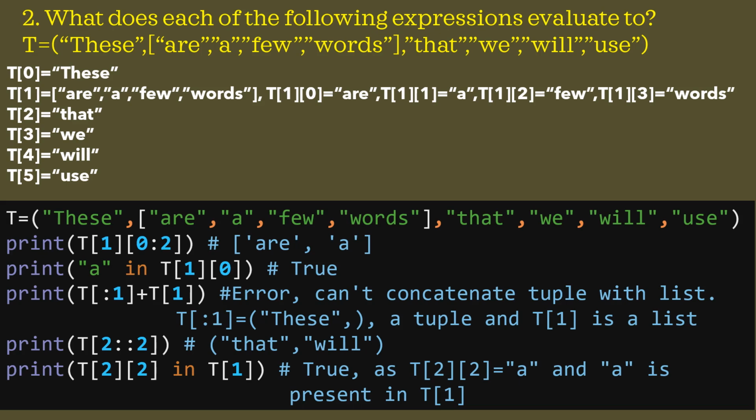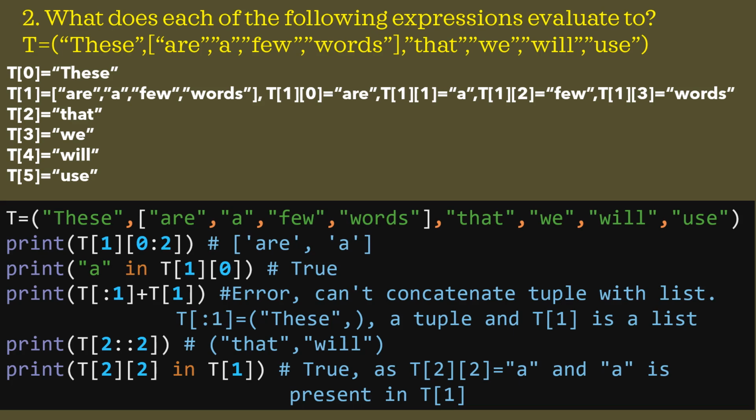That is a tuple type of value, and T of 1 is actually a list, the value at index number 1 of tuple T. Once you concatenate these two things, this is going to give you an error, because T of colon 1 is a tuple and T of 1 is a list. We cannot concatenate a tuple with a list.